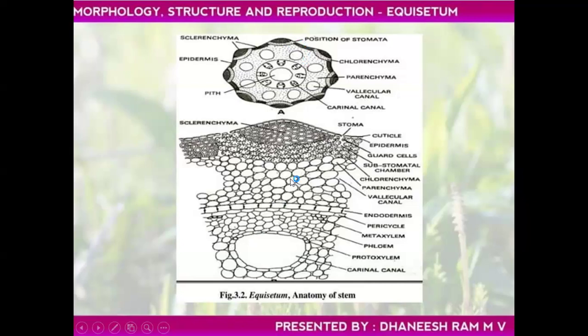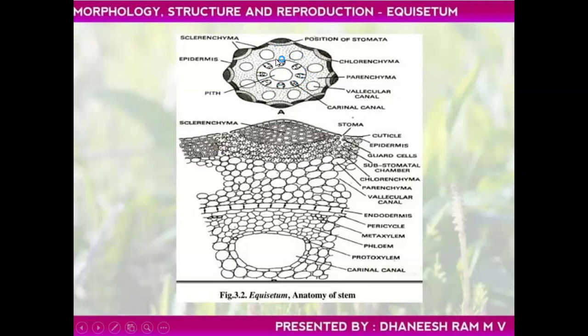Next, lying inside the cortical region comes the stele region, with a single layer of endodermis and a pericycle lying in between. On the inner side, we can see the vascular cylinder with the vascular bundles. You can see a ring of vascular bundles, that is, the xylem and the phloem.